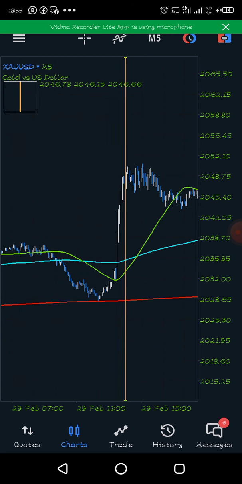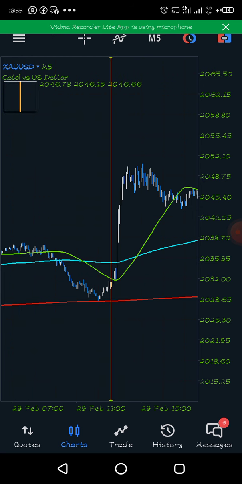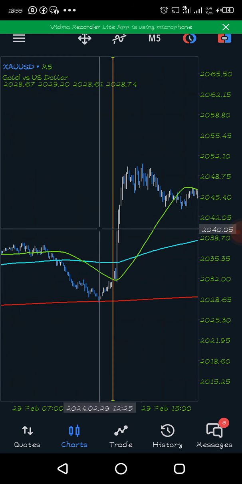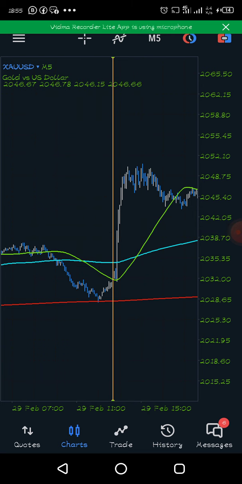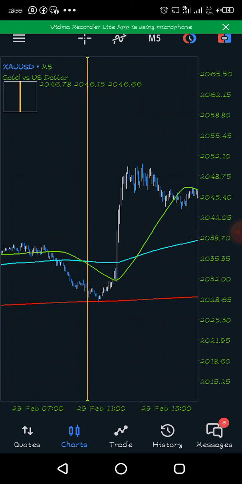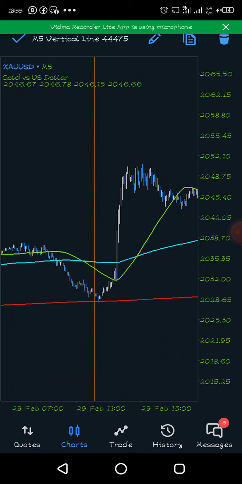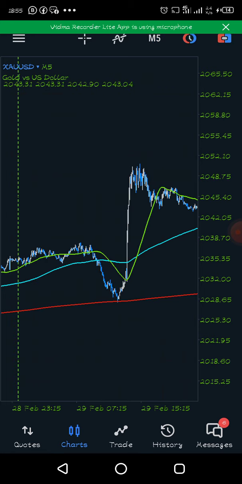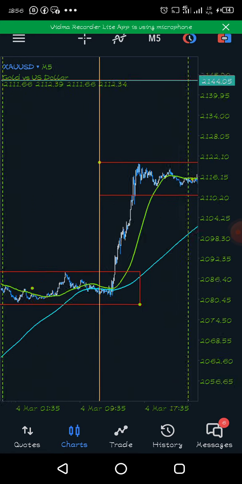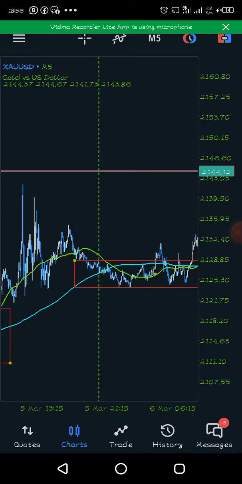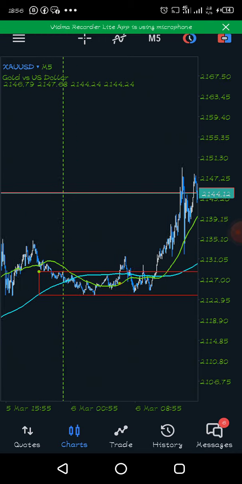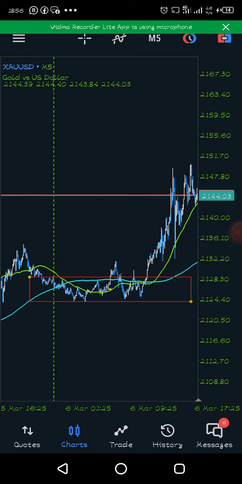And as you can see, after the break of 50, we can take our buy trade and ride the trend because this conforms with our 1 hour moving average. I think with this, I've been able to explain to you what this strategy is all about. And I believe in one way or the other, you can also learn from it.